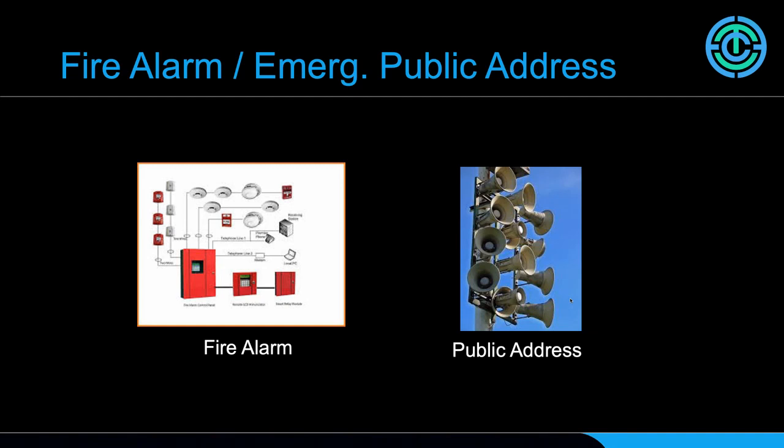But even if it's not required, I strongly suggest that if you're running an audio, video, or lighting system, you get a dry closure from the FA at the head unit or multiple points along the way, so that you can use that information, when a fire alarm is triggered, for decision making within your control matrix. Again, we'll cover some of those items in a riser a little further on as we go through the presentation.